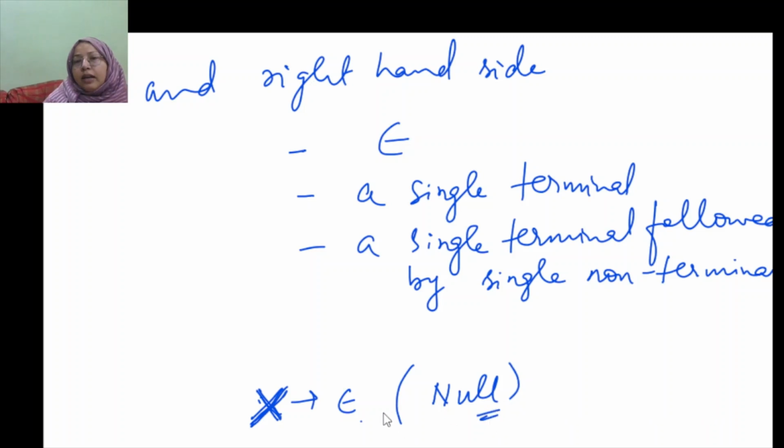You can say it is null. Epsilon means null, or you can say that without taking anything, it is reaching somewhere. Now see, we can have epsilon, or we can have a single terminal like X derives a, or we can have a single terminal followed by a single non-terminal. Okay, so these are valid examples of regular grammar.